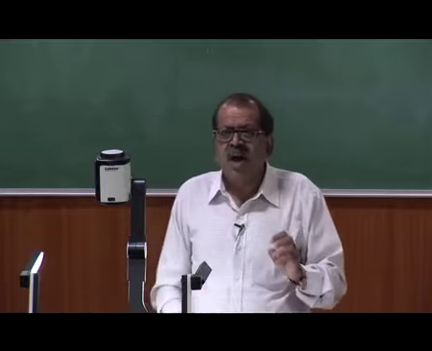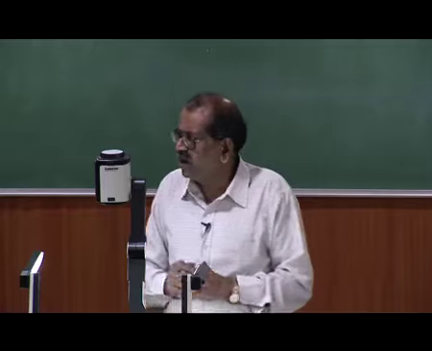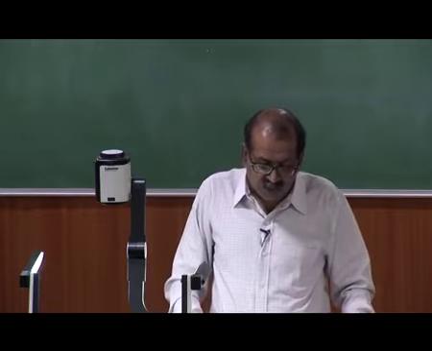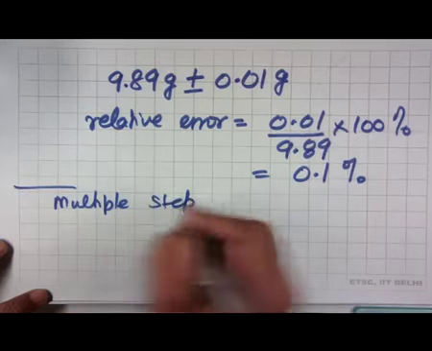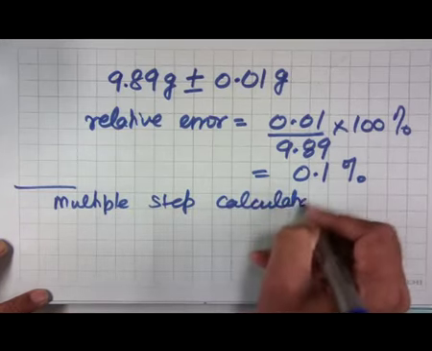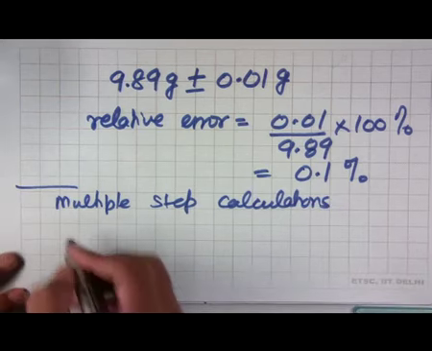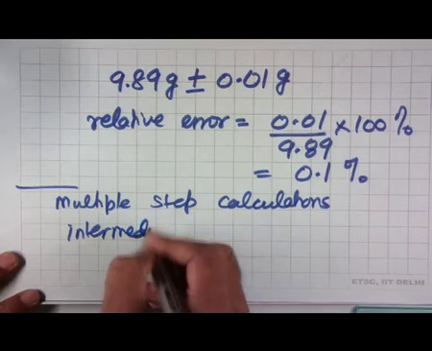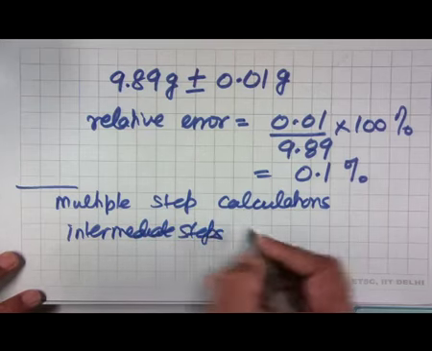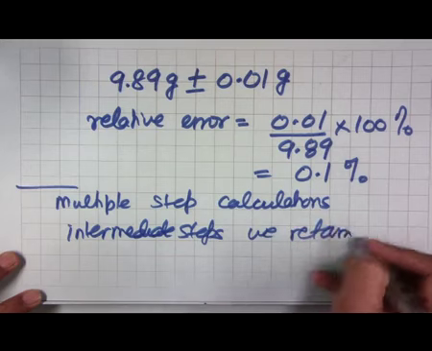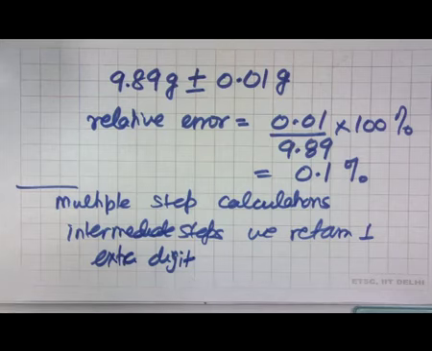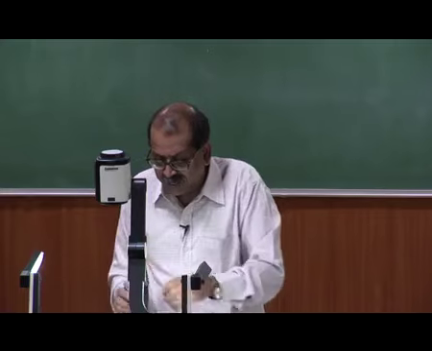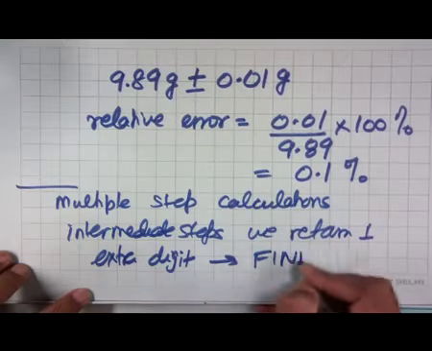Now, there is another rule which we use. We should keep this in mind when we have multiple step calculations: in the intermediate steps we retain 1 extra digit to take care of errors which could creep in because of multiplication, division, etc. We keep 1 extra digit, and in the final answer we will follow the rules.